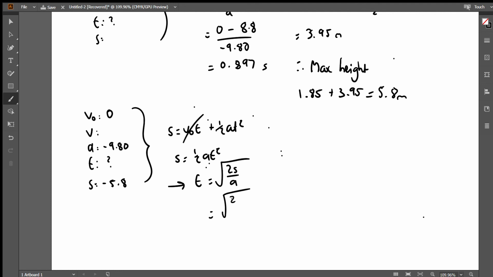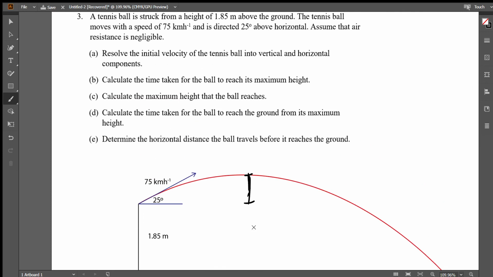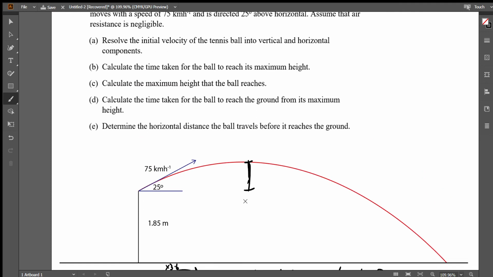So 2 times negative 5.8 on negative 9.8, which if we put into our calculator, we get approximately 1.09 seconds. So I've got the time taken to go from the maximum height down to the ground.